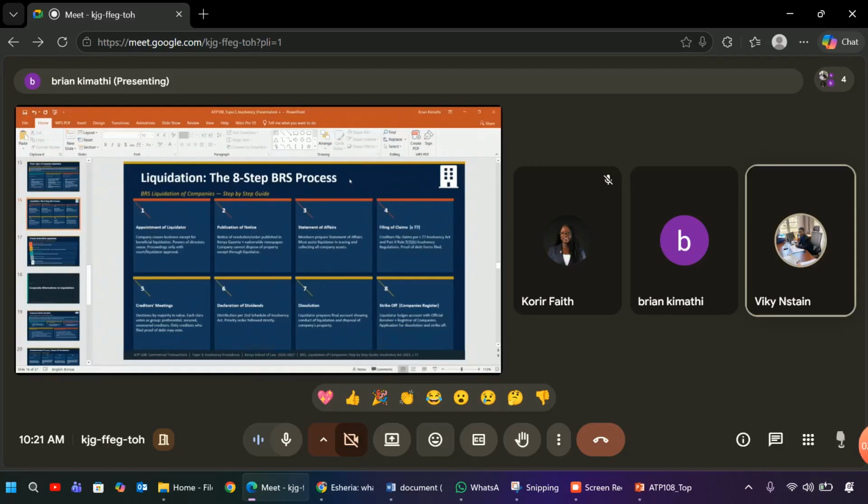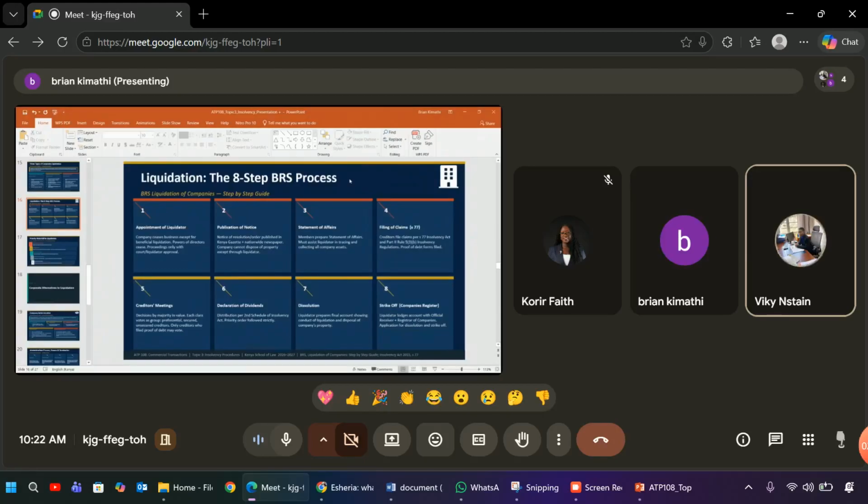So nimeingia deeper to that extent, so we can take a break after tumepitia hizi 8 steps, so that when tuna resume you'll just finish up the slides, then mimi napiga sasa ile kwa ground venye kuko, alafu hiyo ni another session that I will upload separately.